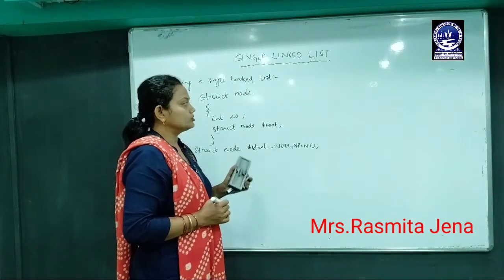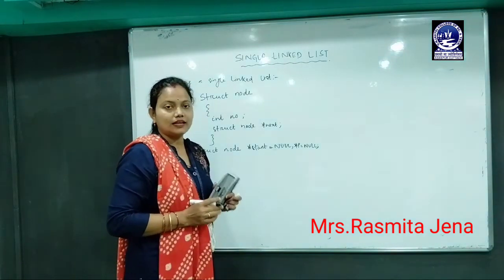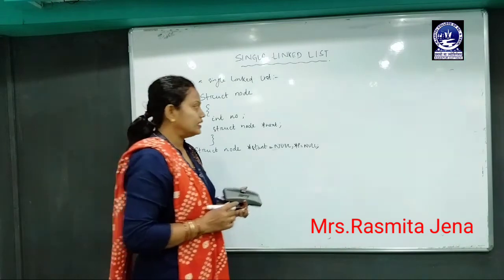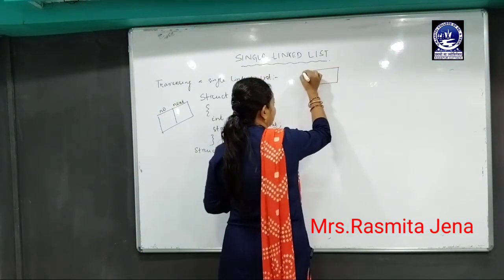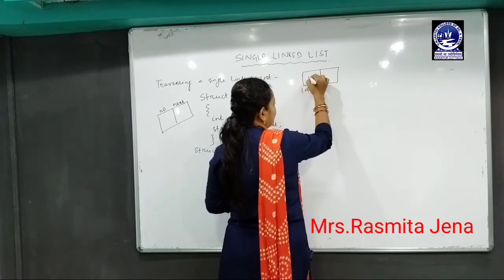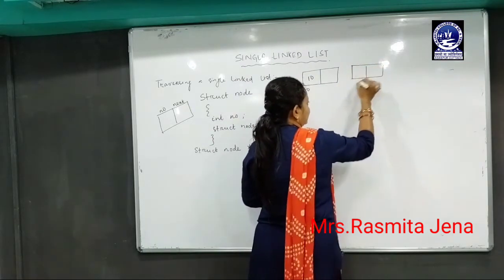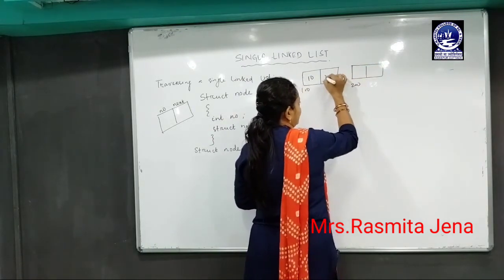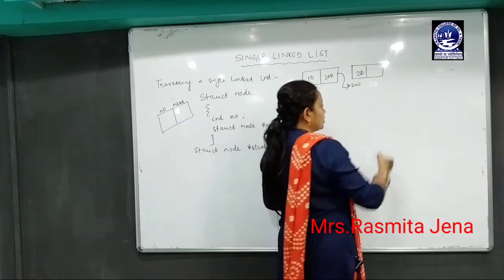Before that, we must know what the structure of the list is, or what data elements are present in the single linked list. At the time of creation we created three nodes in the single linked list. The first node is created at location 100 and contains data 10, and the second node is created at location 200, which is pointed to by the first node, and contains data 20.